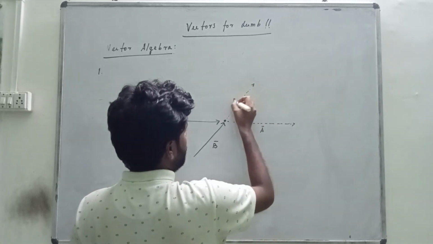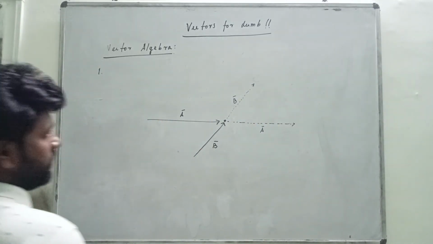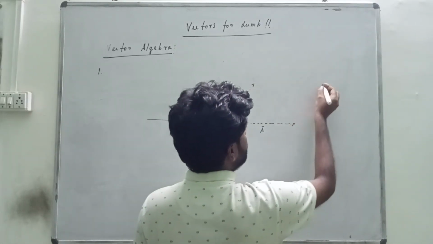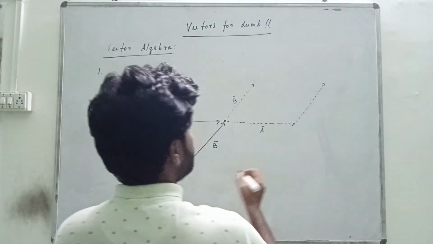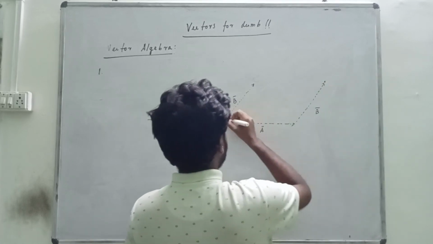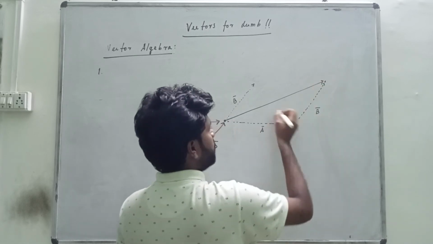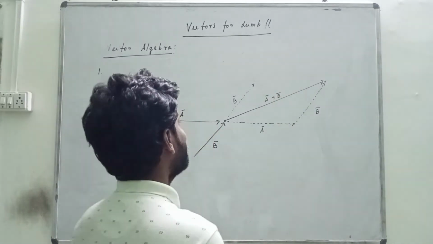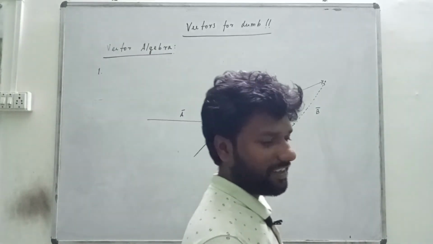Just as in our previous situation, transfer B from here to there, parallel to itself. So it is our new B. Place a dot, connect the initial dot with the final dot, and place an arrow. So it is our A plus B, right? It is not true only for the perpendicular set of vectors.